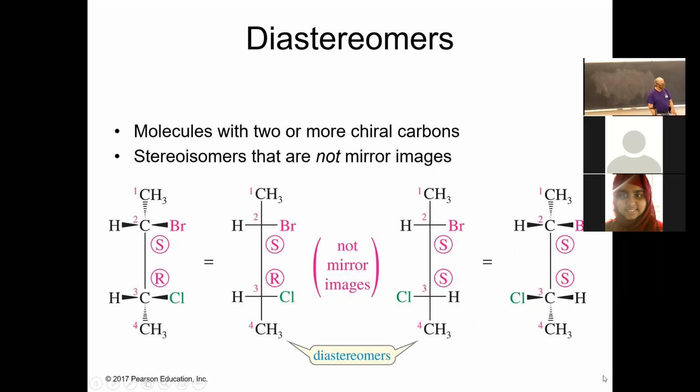These are not mirror images, because we changed one configuration but not the other. So we go from SR to SS. So these are diastereomers. If you have multiple chiral centers and you change some of them, but not all of them, then you get diastereomers.